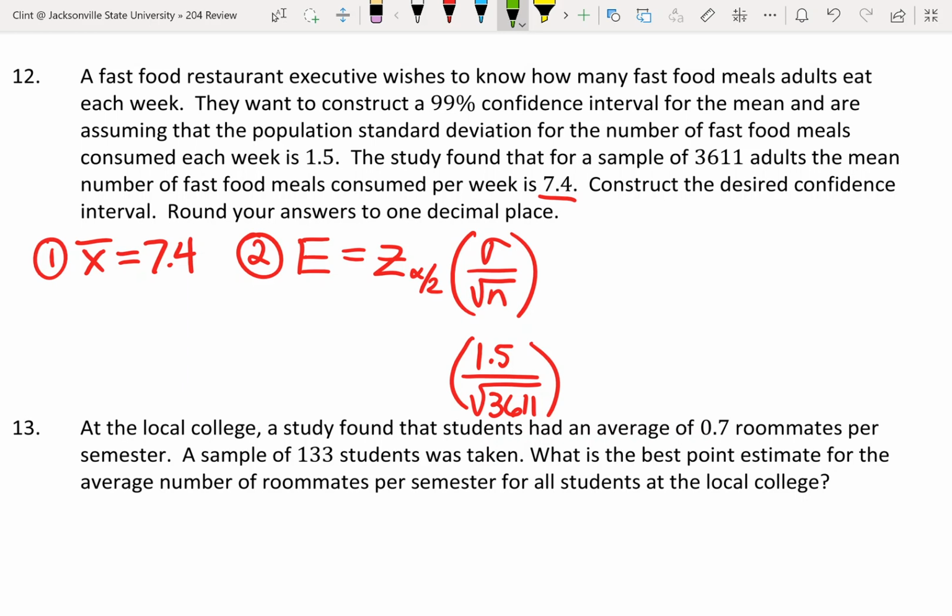What do we look at in the problem first? Confidence. Yeah, so we want to be 99% confident. And critical Z's are on our standard normal table, the little table at the bottom of table B. So if we want to be 99% confident, our critical Z is 2.575.